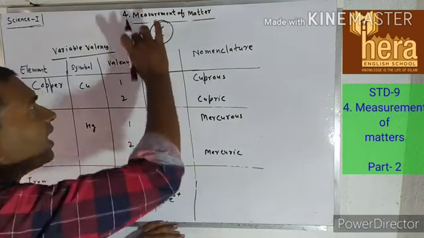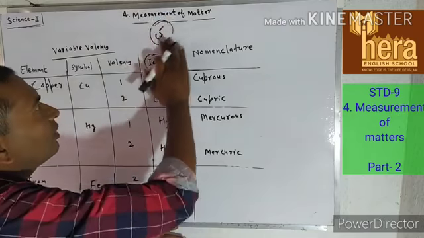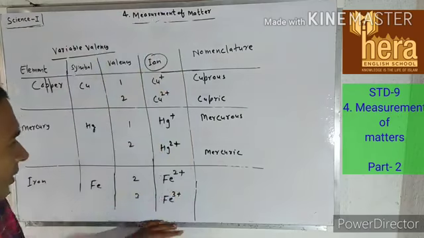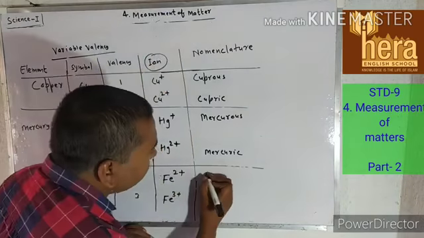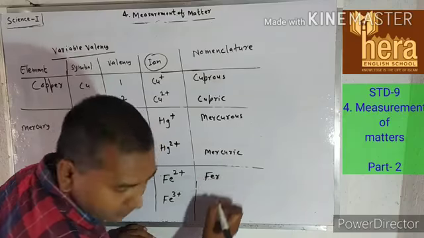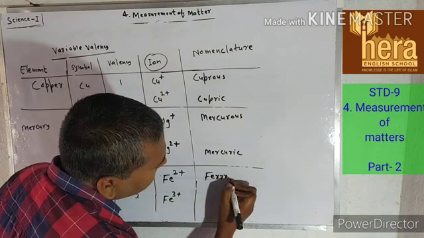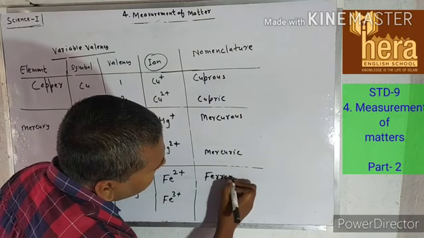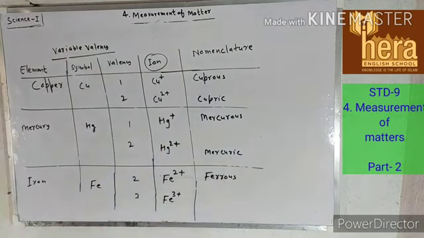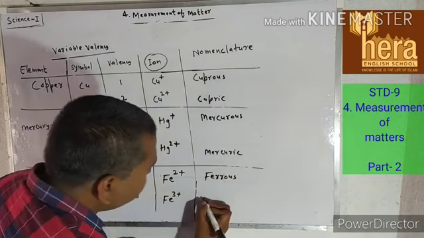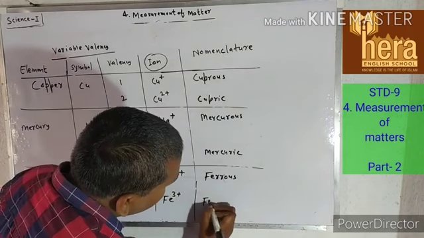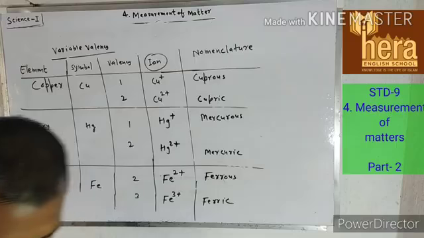It means it has taken 1 electron. Okay. Fe2 plus is called ferrous. And this 3 valent one is called ferric. Okay.